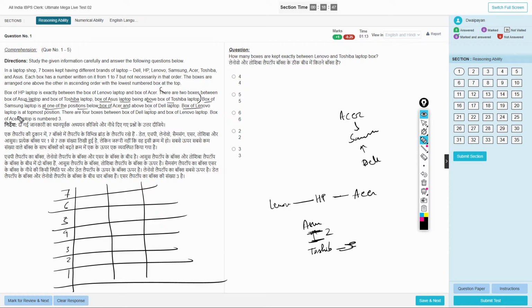Box of Lenovo laptop is at the topmost. So Lenovo 1, 2, one box, 1, 2, one box. Possibility HP, Acer, okay, I'll just go with it. Now Toshiba 1, 2, Asus, or Asus 1, 2, Toshiba, right?